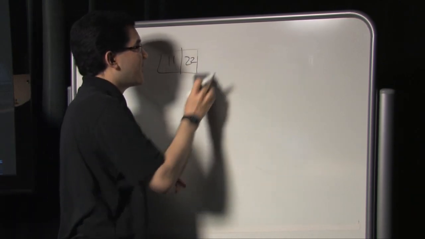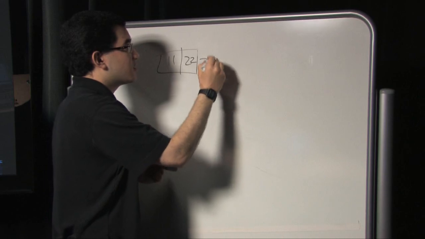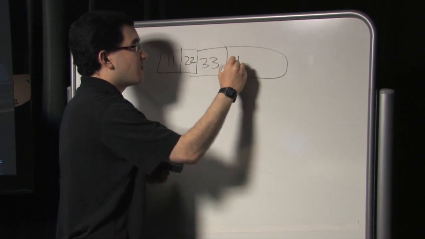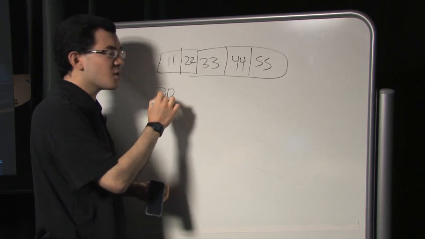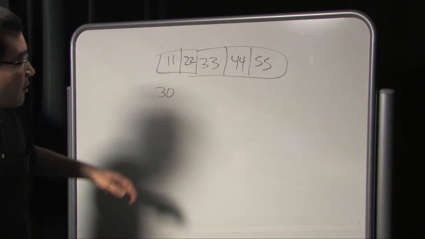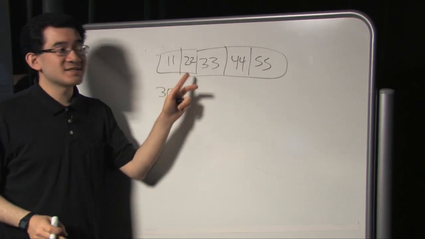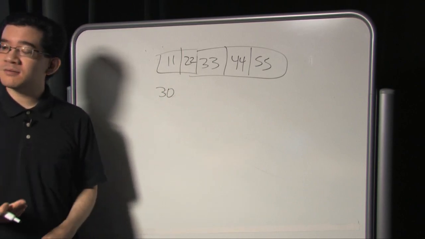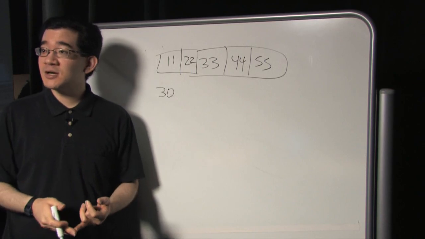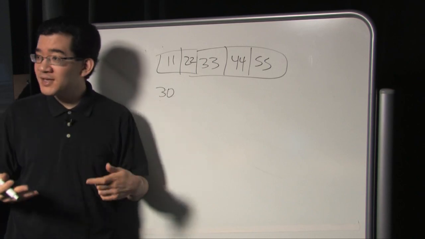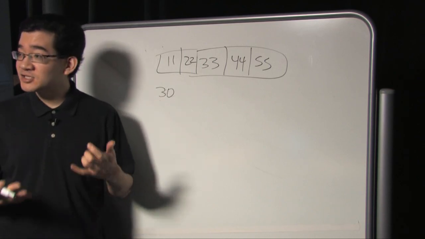So suppose that I had 11, 22, 33, 44, and 55, and I search for 30. What does lower bound do? The actual element 30 does not exist in the sequence, but what lower bound is going to do is return you the first position in the sequence where a 30 could be inserted and maintain the sort.